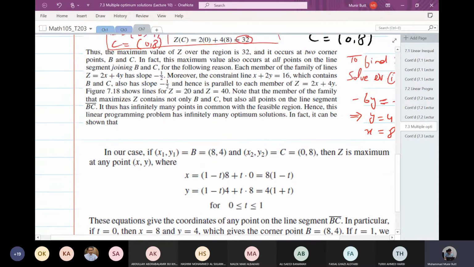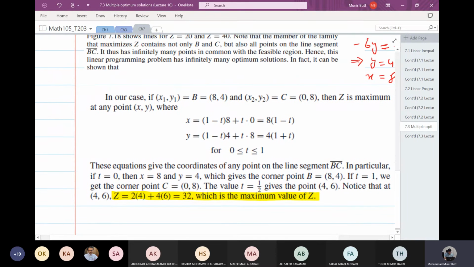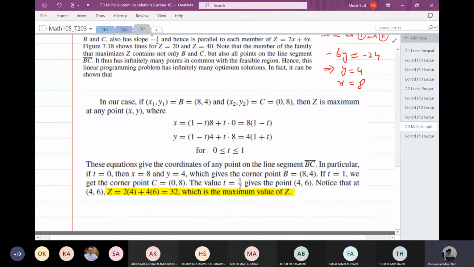So the conclusion is the following. z is the maximum value, but what actually happened here? I just give you an idea of what happened.